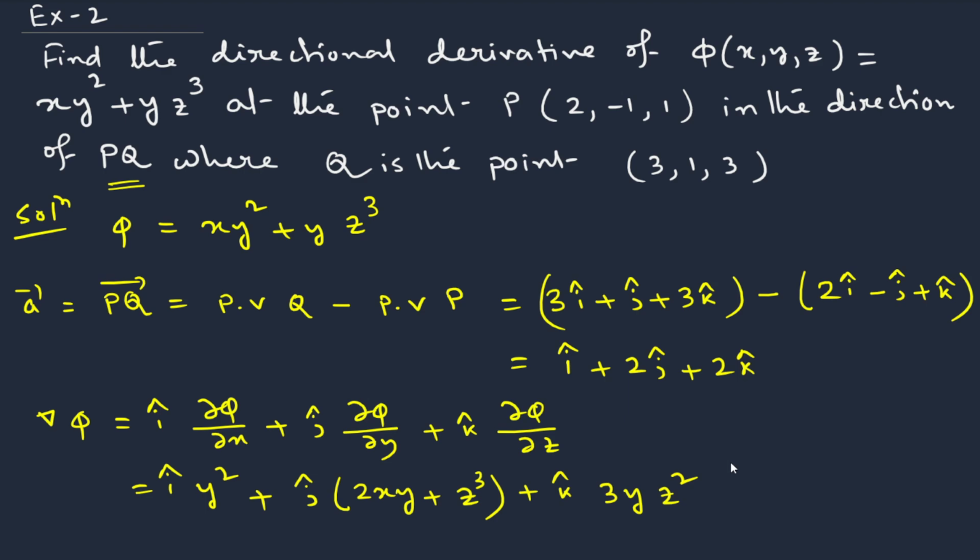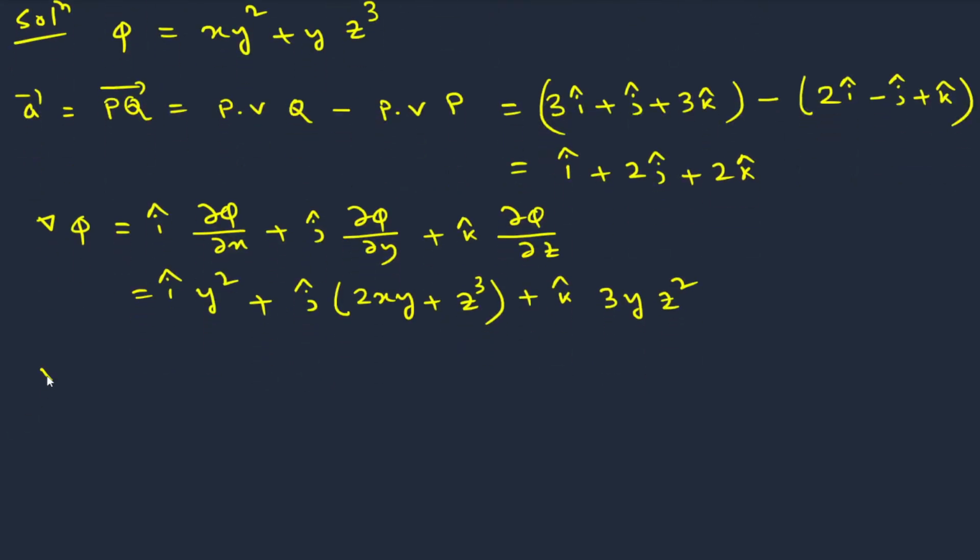Okay, 3y z square. Okay, now at which point do we have to find? At the point P. So gradient of phi at the point 2 comma minus 1 comma 1. So what to do? We have to put 2 in place of x, minus 1 in place of y and 1 in place of z. So after putting all these values, what will we get? So it will be i cap, then minus, and then again plus.